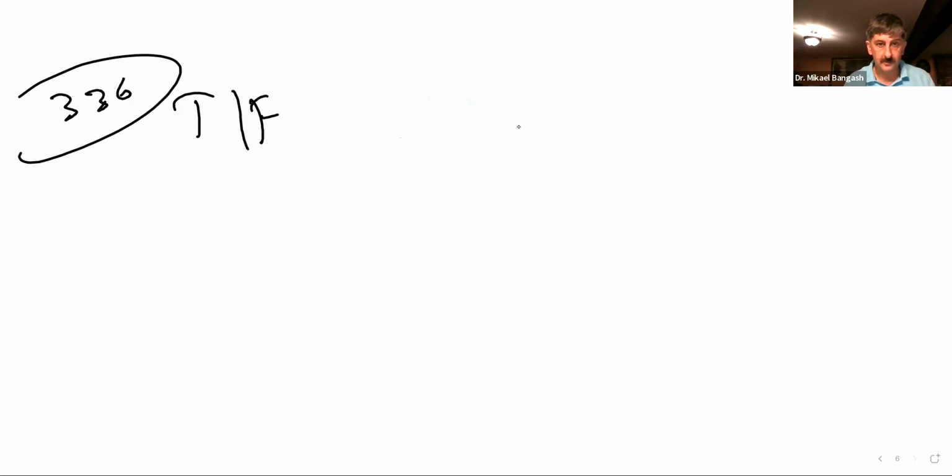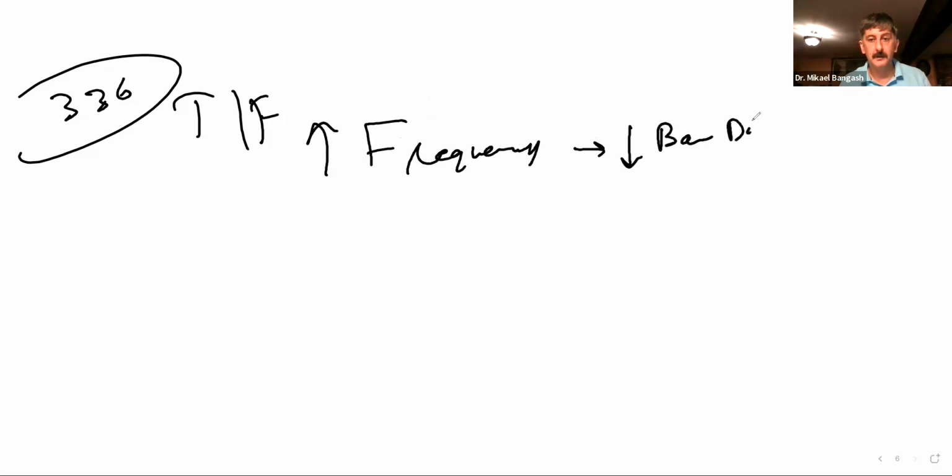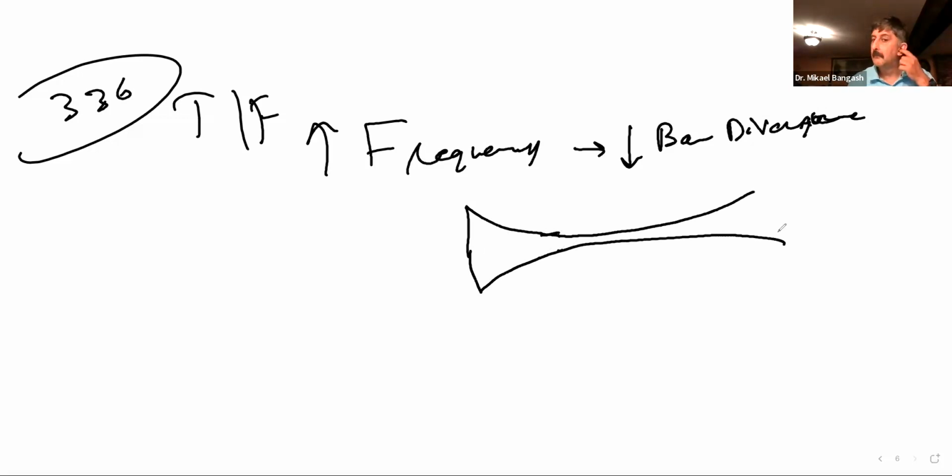That will be true mainly because higher frequency actually will lead to lower beam divergence, which means that in the far zone, the beam will maintain a narrow width for a greater distance, which will improve the lateral resolution in the far zone.